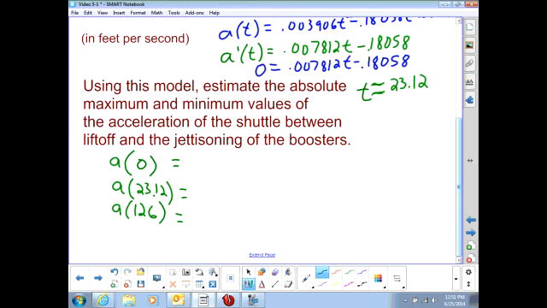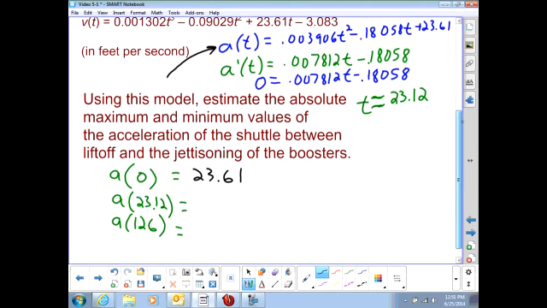When we plug in 0, we'll get 23.61. When we plug in the 23.12, again, we're plugging this into the acceleration function because that's what we're trying to maximize and minimize. The 23.12 will give us roughly 21.52 and some other stuff.